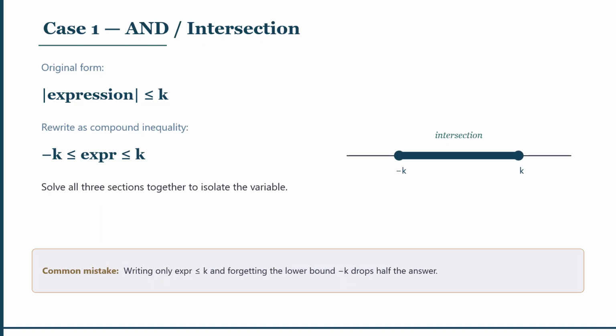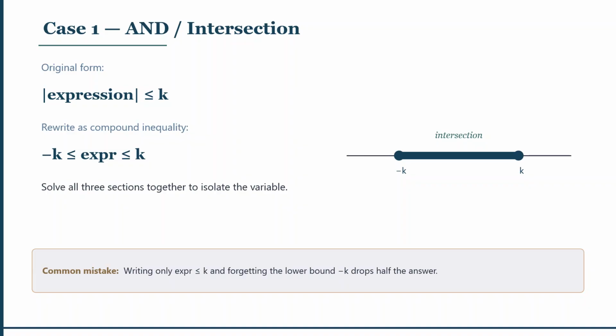Case 1. The absolute value of an expression is less than or equal to k. This means the expression is within distance k of 0 in either direction. So the expression is at least negative k and at most k. Rewrite it as a compound inequality. Negative k is less than or equal to the expression, which is less than or equal to k.